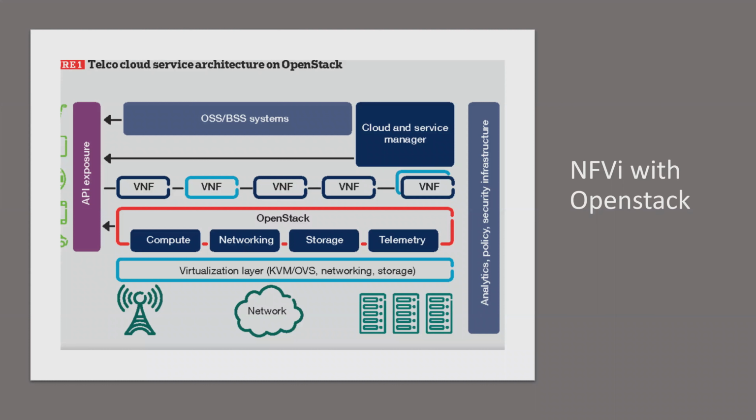On top of that you have compute and networking. Your compute is served by the OpenStack compute service, and networking is served by your Neutron service, or if it is integrated with software defined networking, then your software defined networking can also be part of this.